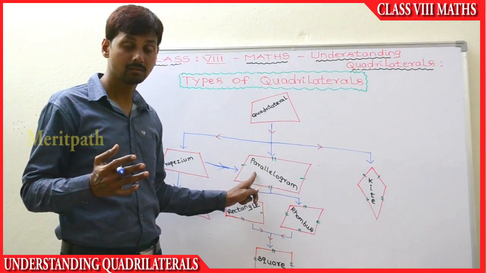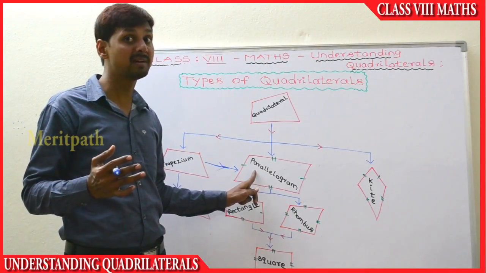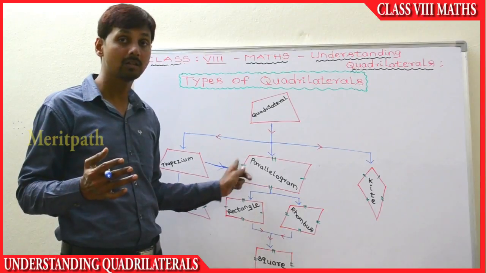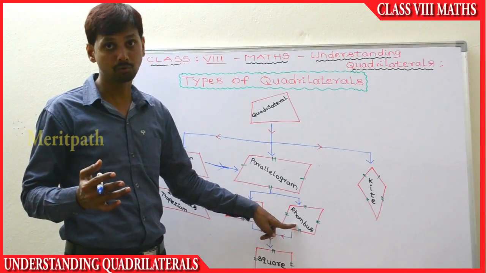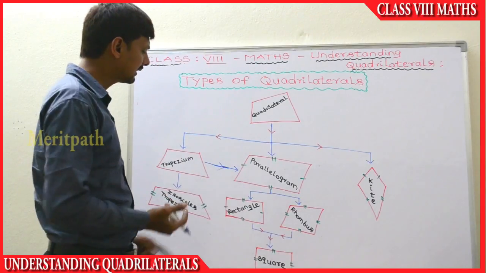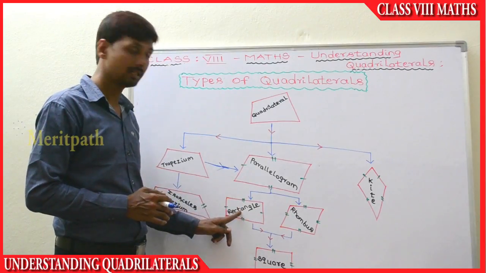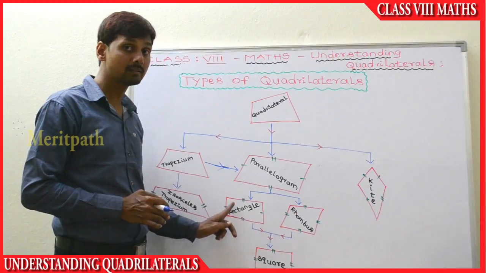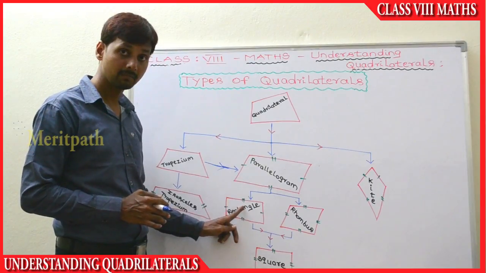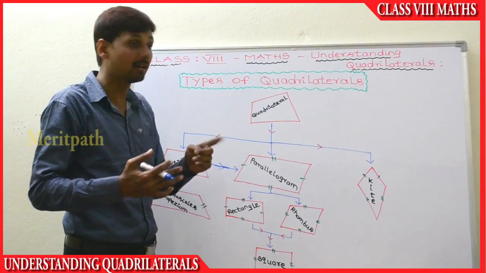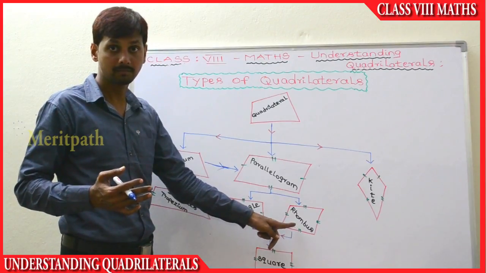All the sides, not only the opposite sides, become equal, and it becomes a rhombus. And we can connect from the rectangle to the rhombus also. Here, if opposite sides are equal, it's a rectangle. If all the sides of a rectangle are equal, it becomes a rhombus.